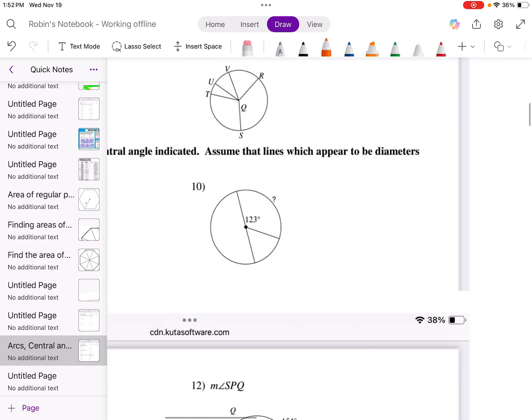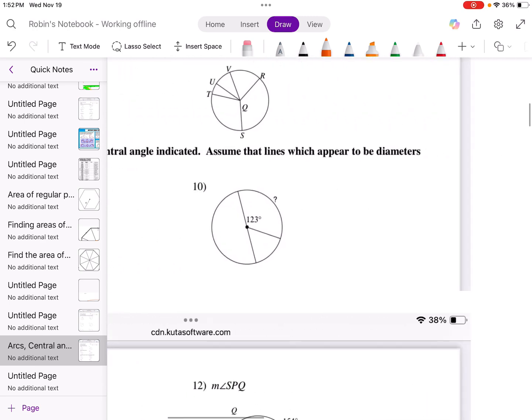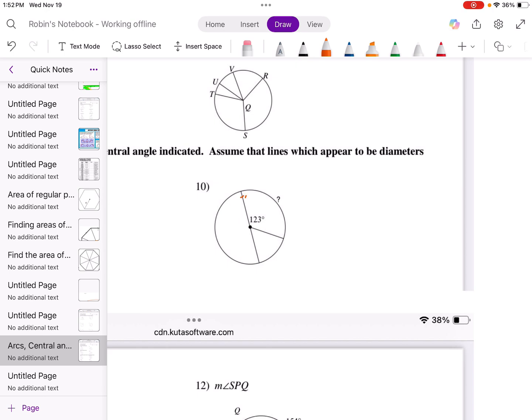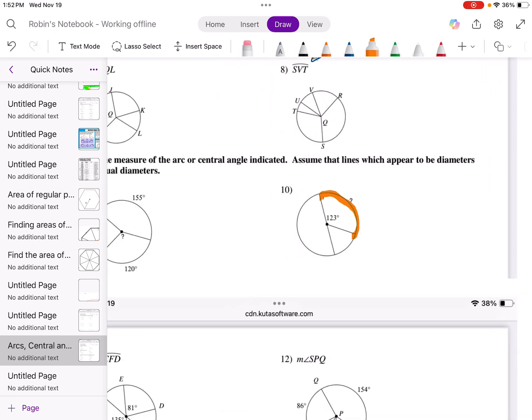And it says it wants this arc here, right? Now, if I'm going all the way around a circle, it's also 360 degrees.